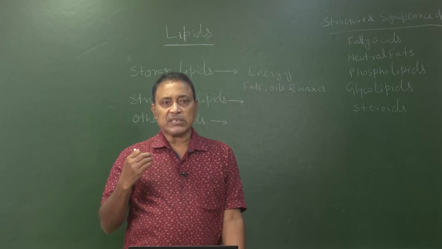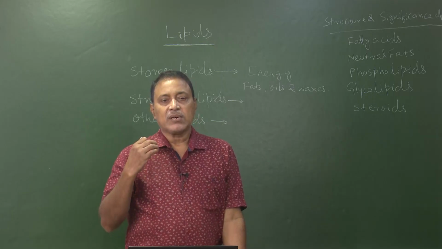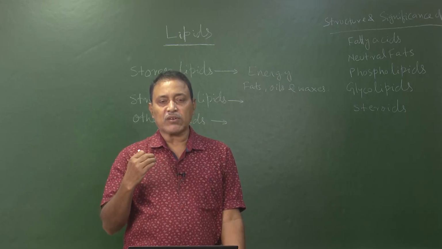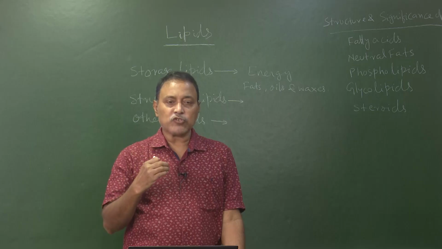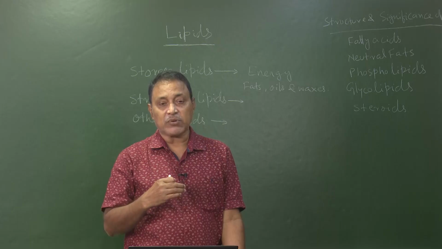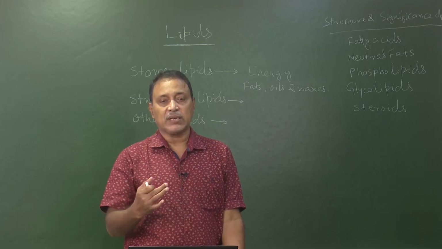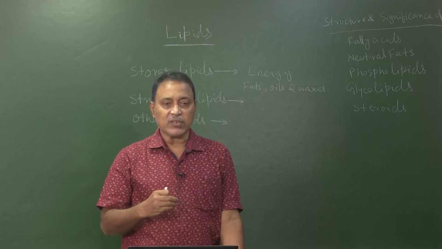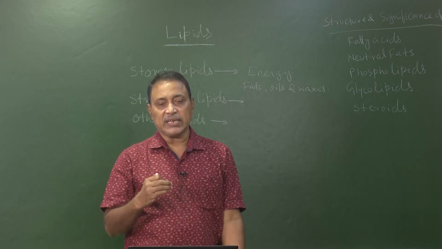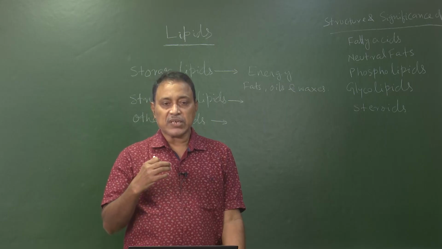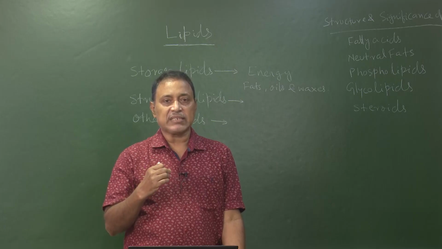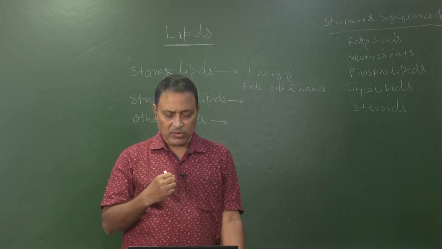When we oxidize these molecules through our metabolic process, they yield a lot of energy, more than twice what proteins and carbohydrates can yield. This is because they are extremely saturated with hydrogen. There is hardly any oxygen, so they are in a very highly reduced state. So when we oxidize them, they yield a lot of energy.